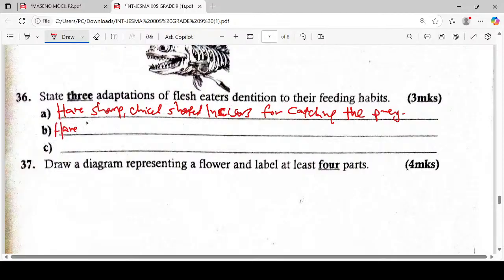to penetrate the flesh of prey and hold it firmly.